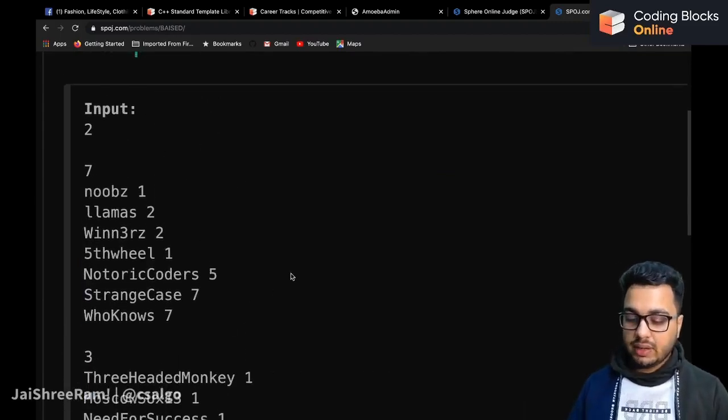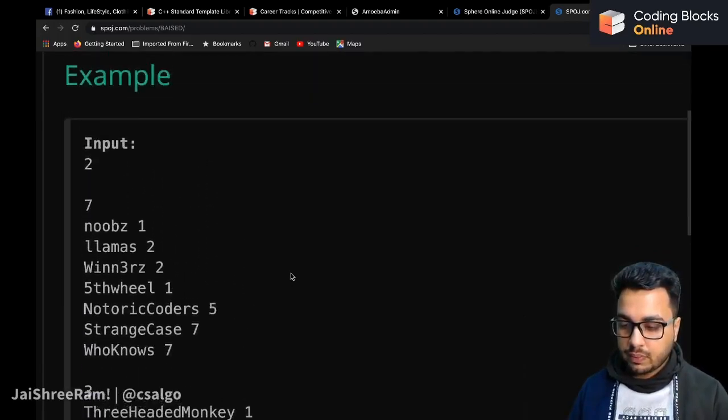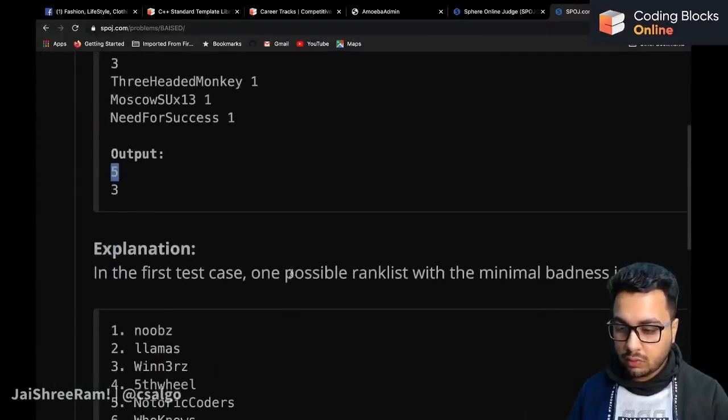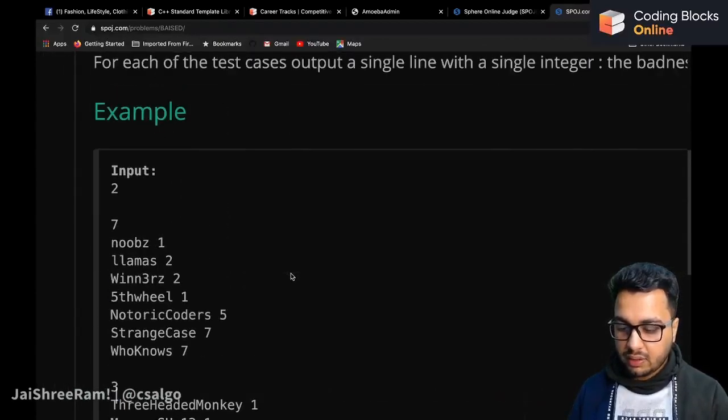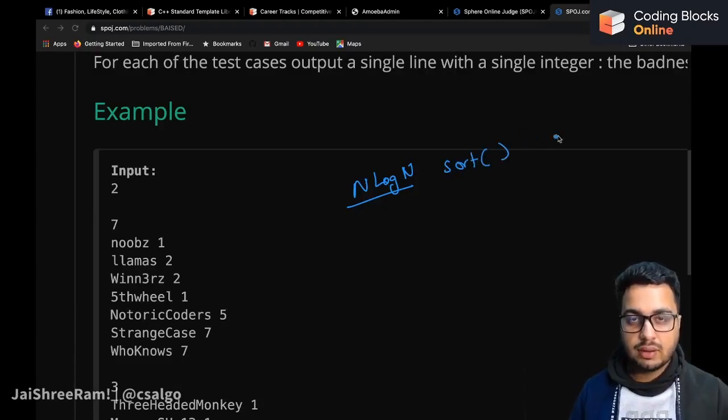So clearly this becomes a sorting problem now. I don't know what the value of n would be, so I can do the sorting in n log n time. That is one way, if I use the inbuilt sort function, which uses something like a merge sort or a quick sort.